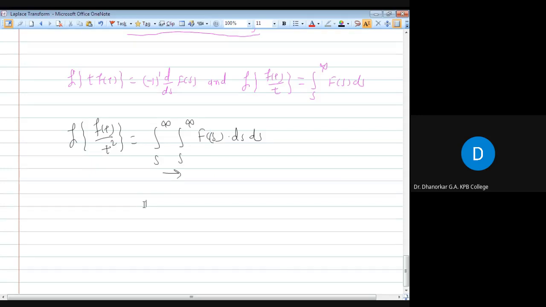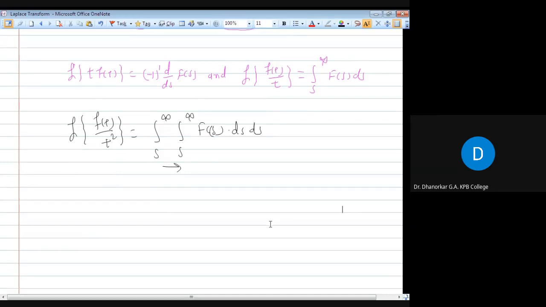Now, the next property we will discuss is to find the Laplace transform of the derivative of a function.